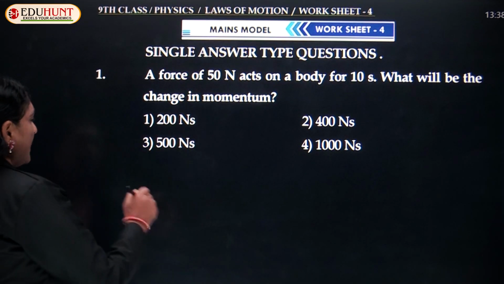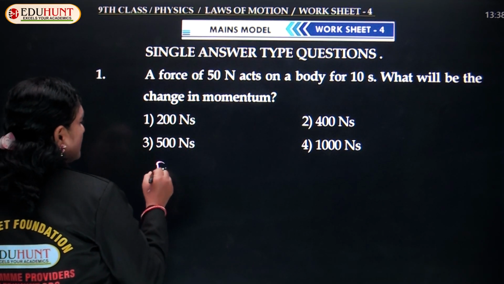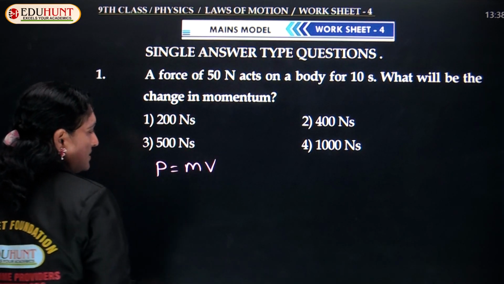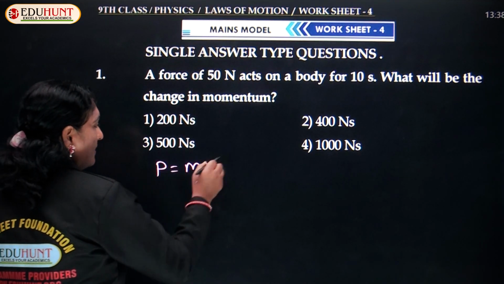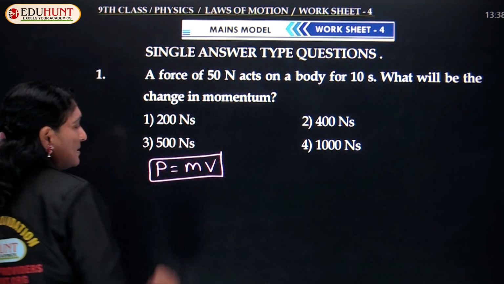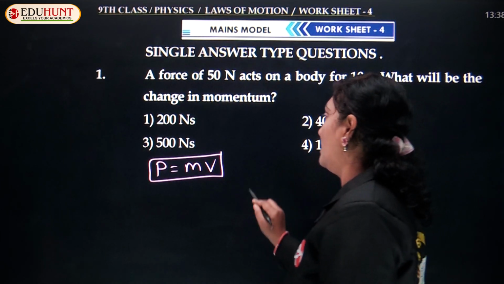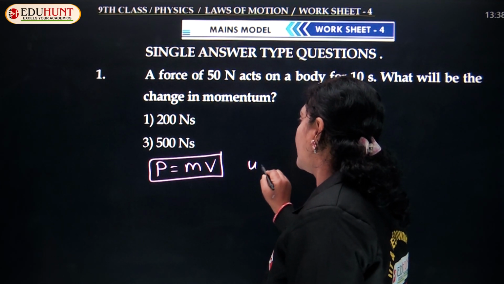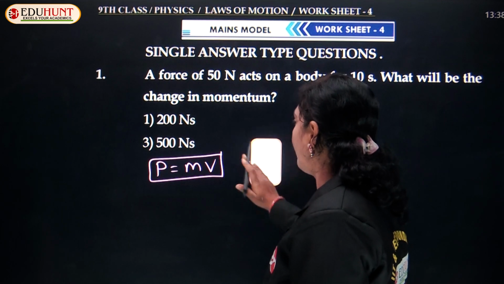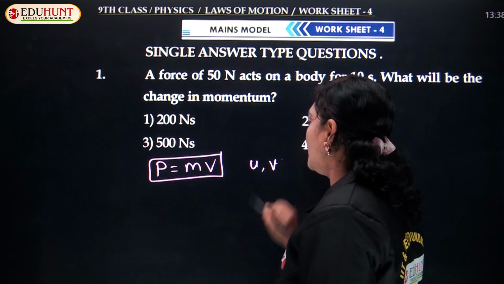Children, as we know, momentum is mass into velocity, and this is the general formula for linear momentum. Suppose the initial velocity is taken as u and the final velocity is taken as v.